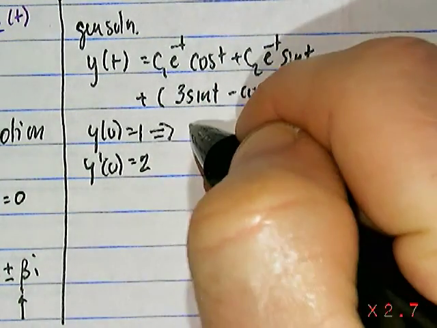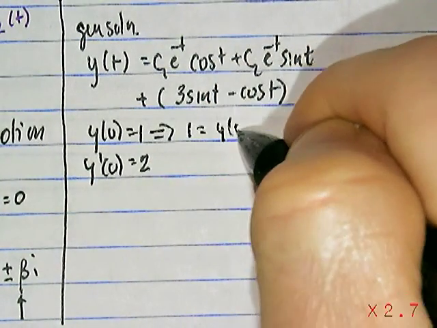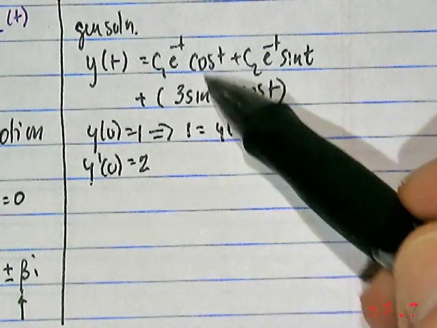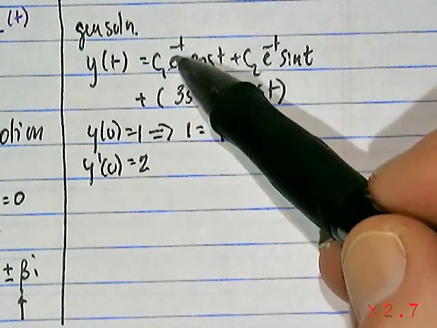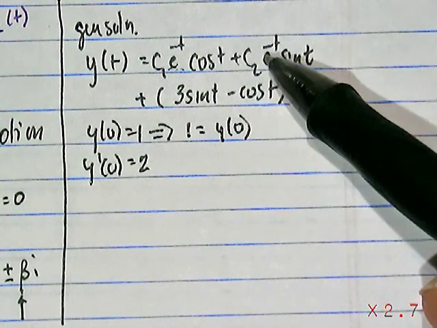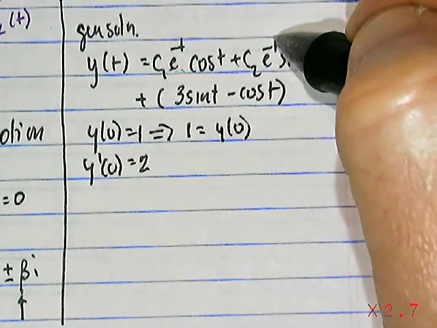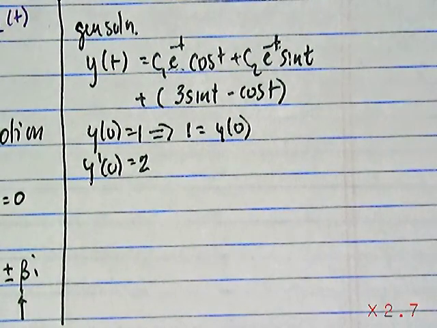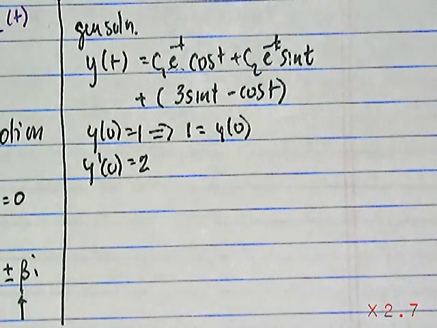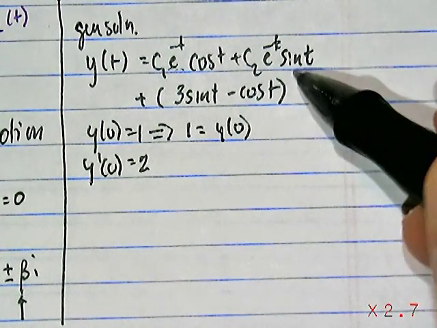That says when we plug in 0 for t, we're supposed to get 1 back. Look up here very carefully, you can see what's going to happen. When you plug in 0, e to the 0 is 1. So e to the minus 0 is still going to be 1. The sine t's will wipe out, so there won't be any sine t's left, because sine of 0 is 0.